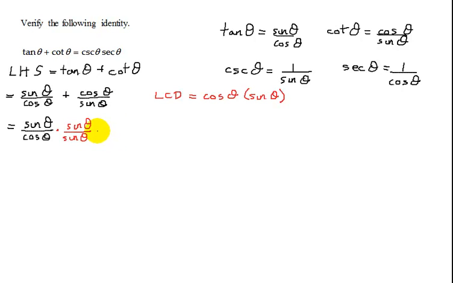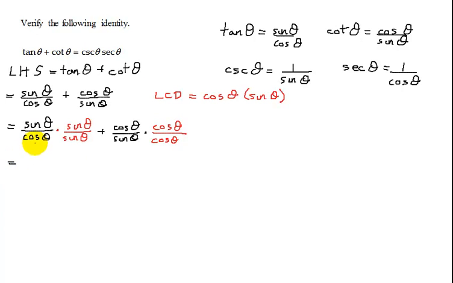Now I'm going to write out my second term, which is cosine theta over sine theta. And now what's missing in this denominator? I need a cosine theta sine theta. I only have sine theta, so I need to add a cosine theta. So I'm going to have to multiply numerator and denominator by cosine theta.